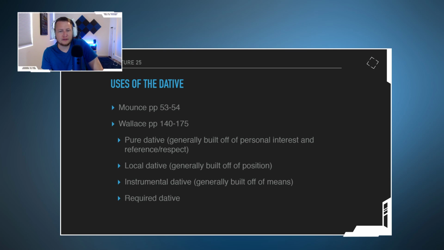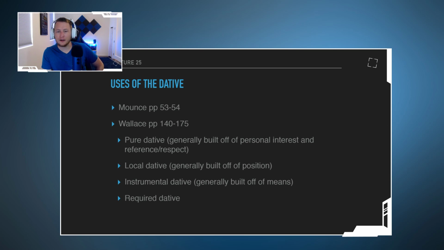There's a handful of uses of the dative. One is the pure dative. This is generally just built off of personal interest and reference or respect. So, for example, you might translate the dative with reference to, with respect to. And so structurally, that's pure dative. Another one is local dative. And this is really built off of position. Like sphere, for example.